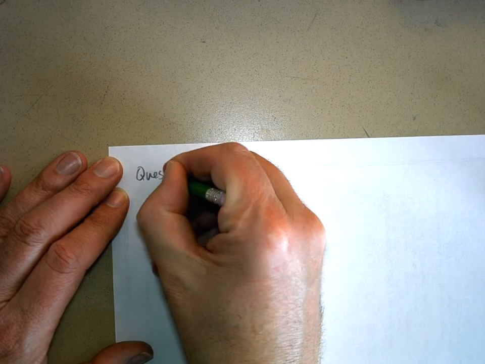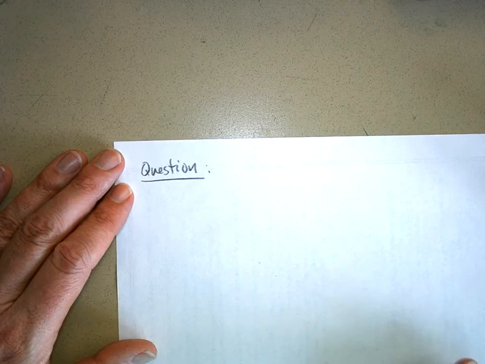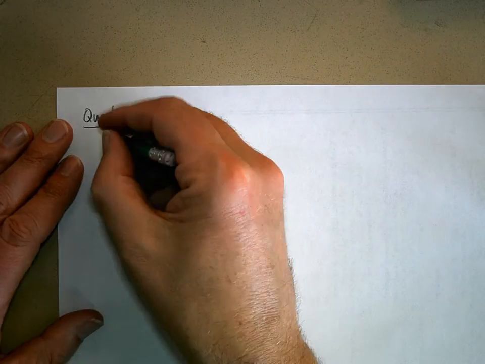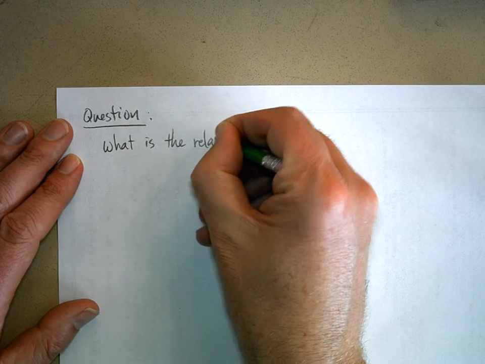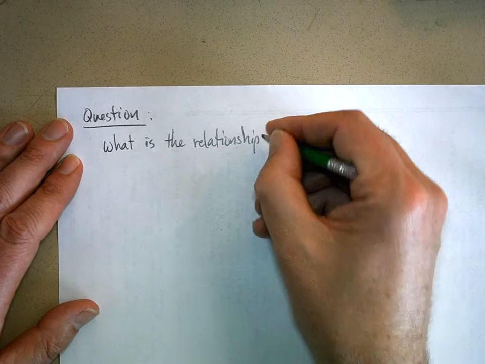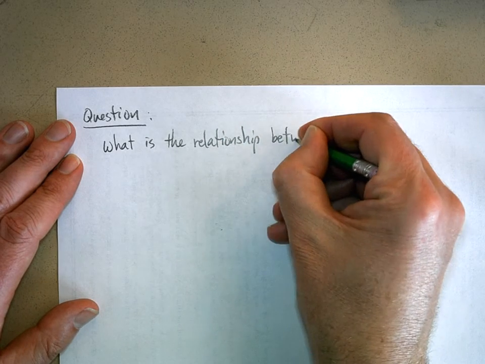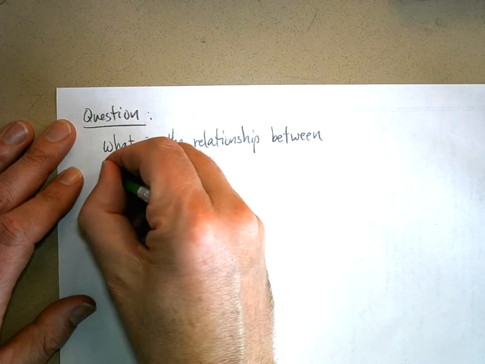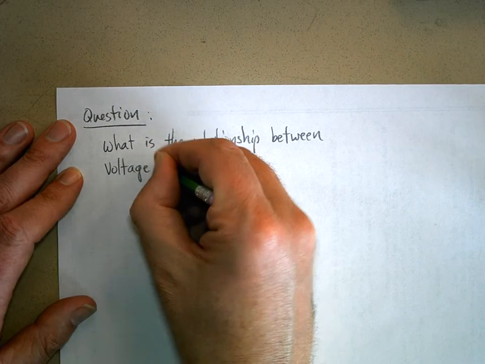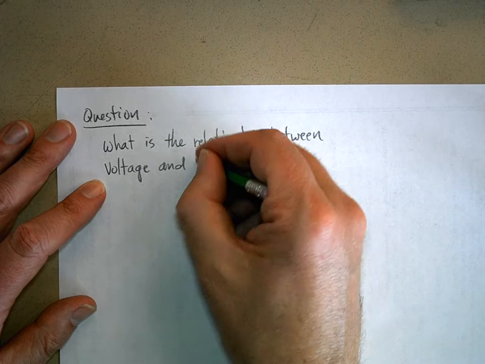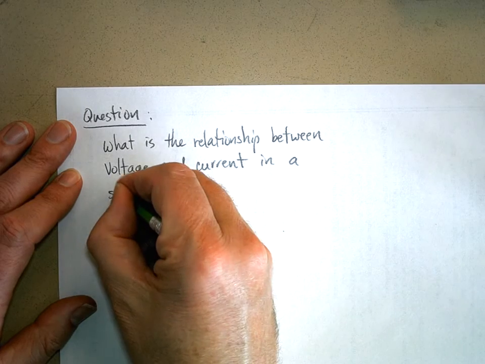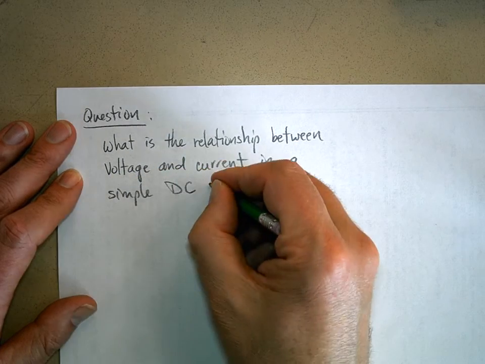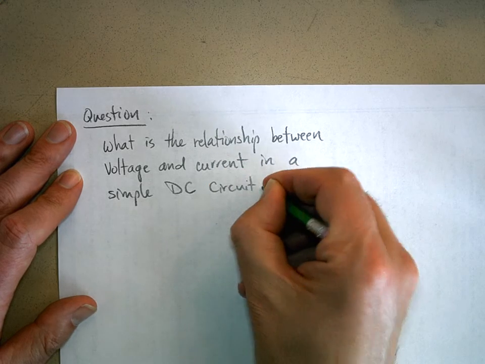So here's the question: what is the relationship between voltage, that should be lowercase v, voltage and current in a simple DC circuit? Okay?